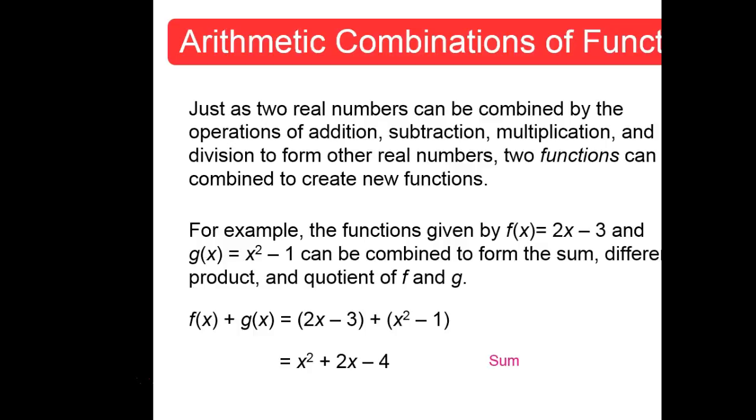Here's another function, g of x is equal to x squared minus 1. They could be combined to form a sum. That would be f of x plus g of x, which is simply 2x minus 3 plus x squared minus 1. And when you add those together, now here's a few hints.